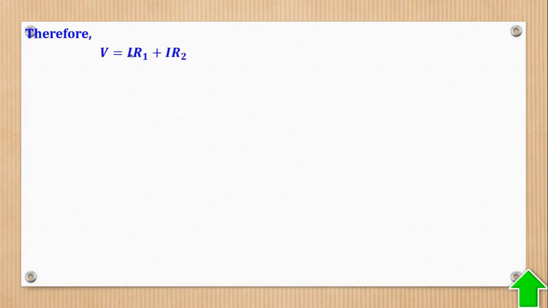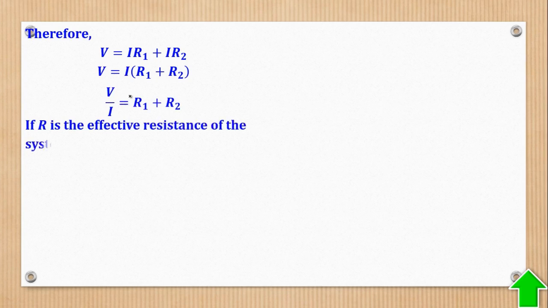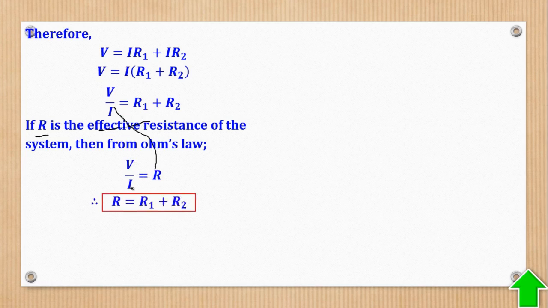Here, I is common, so I factorize it out, then take the I to this side. Remember that since V is equal to IR, if R is the effective resistance, effective meaning total resistance in a circuit, then V over I is equal to R. Substituting for V over I here, I come up with the rule I'm interested in: R is equal to R1 plus R2.